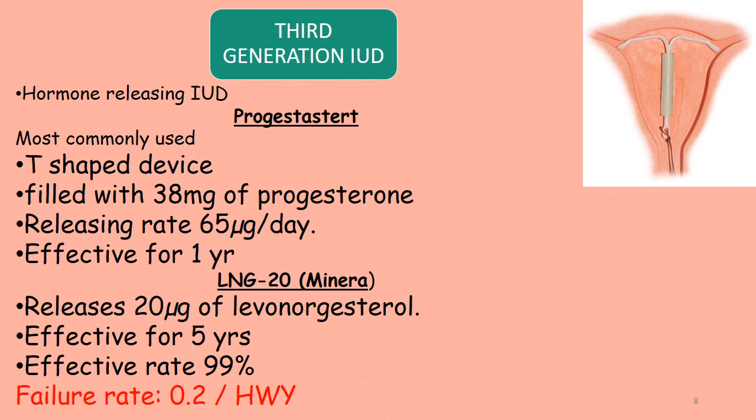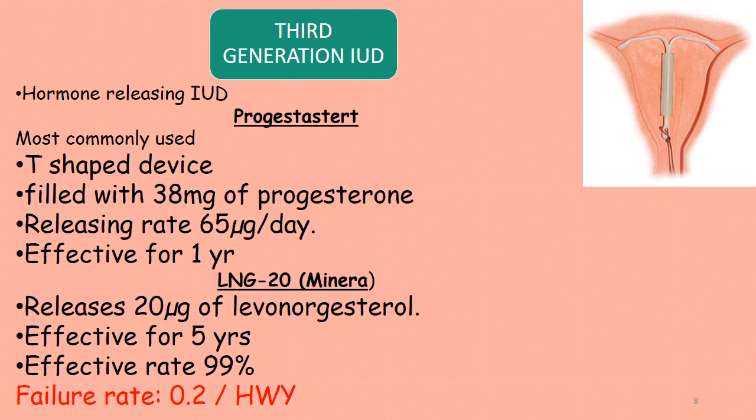Then coming to third generation intrauterine devices, the hormone releasing intrauterine devices. There are two main types, Progestasert and LNG-20 Mirena. Most commonly used is Progestasert. It is also a T-shaped device. You can see at the right side of the picture that it is filled with 38 mg of progesterone.